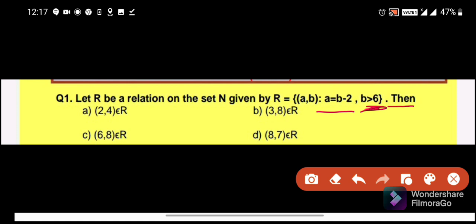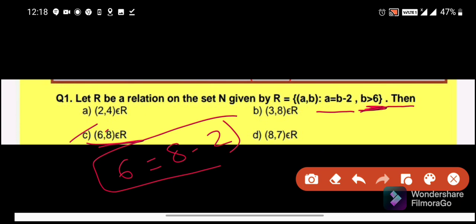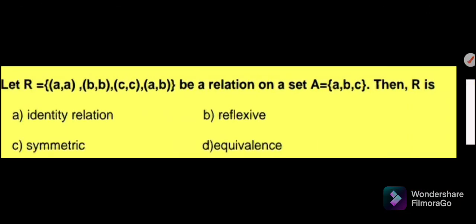Because b is greater than 6 and a is equal to b minus 2, the answer is option C. It satisfies both conditions. b is equal to 8, which is greater than 6, and a, that is 6, is equal to b minus 2, that is 8 minus 2. So the answer is option C.